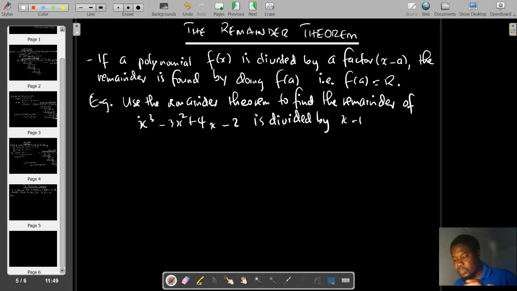So we're going to use the remainder theorem and then also prove this by long division, that we're really going to find the same remainder.